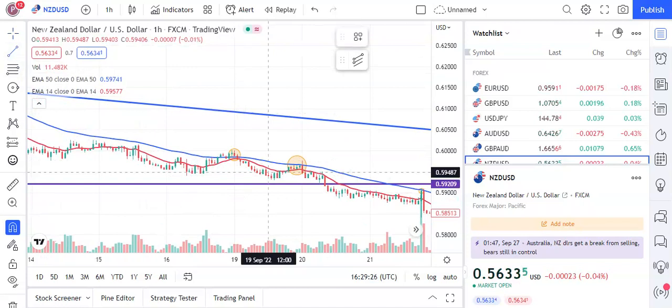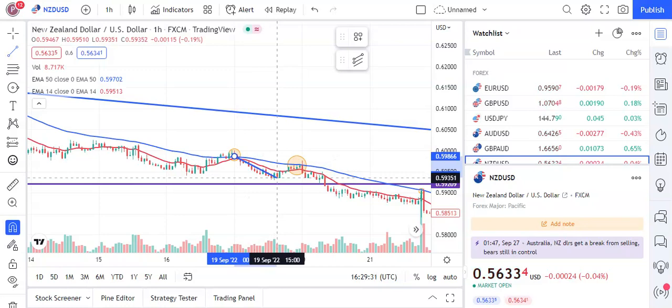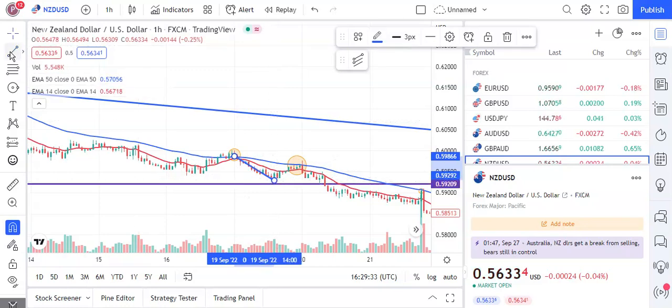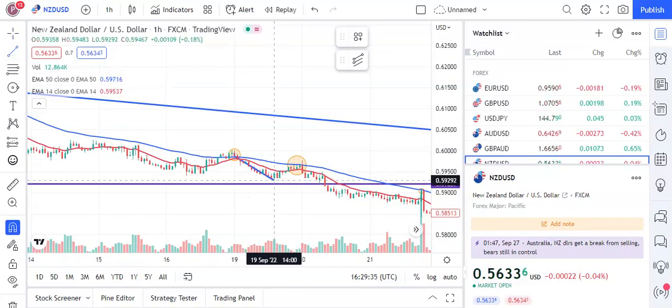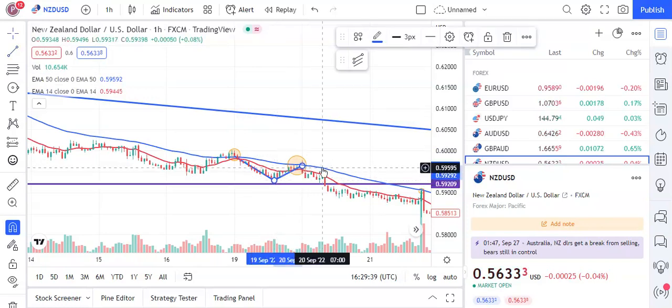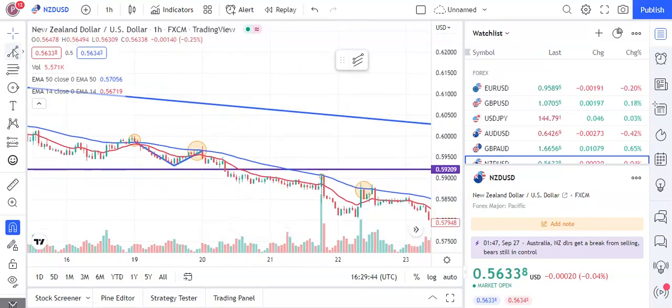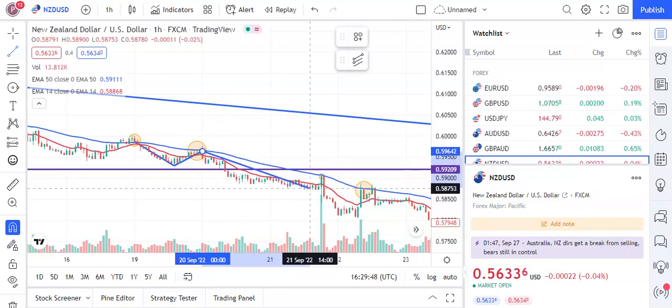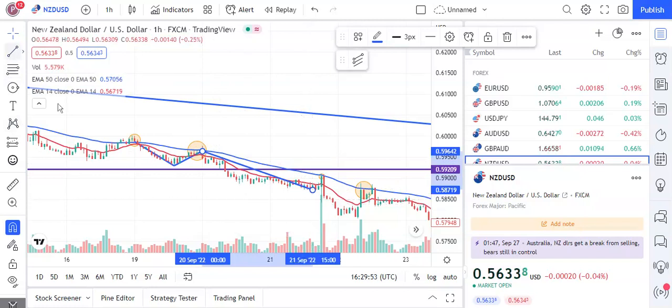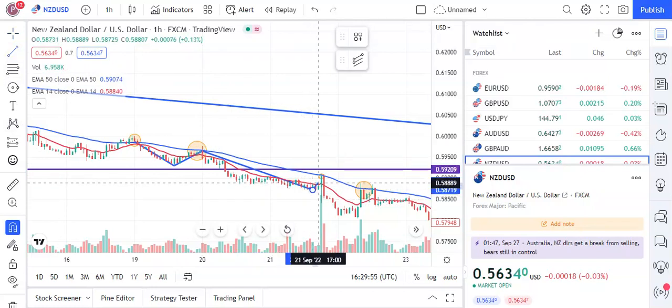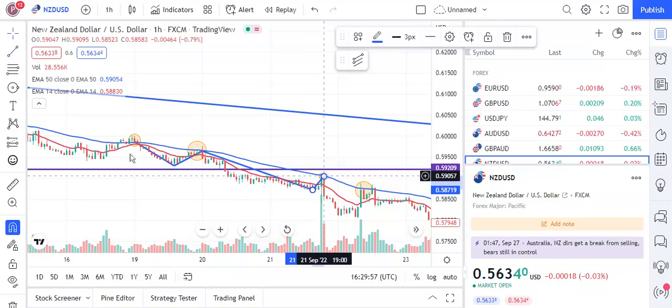Please let me use this trend line to explain to you. The price dropped down from this point to this point, right? Then went back up and retested this 50 EMA here, the blue line. I want you to pay attention to what I'm saying. The price dropped down again from this point to this point and went back again to retest this 50 line here.